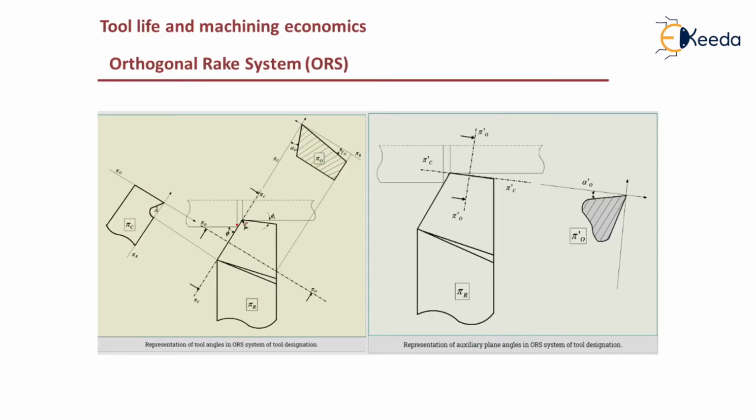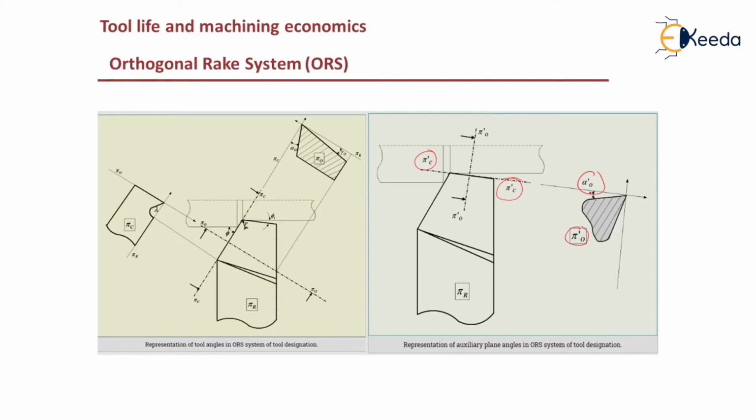The auxiliary orthogonal clearance angle is given as alpha naught dash. This is the angle of orientation of the tool's auxiliary flank surface from the auxiliary cutting plane pi c dash, and measured on an auxiliary orthogonal plane pi naught dash.